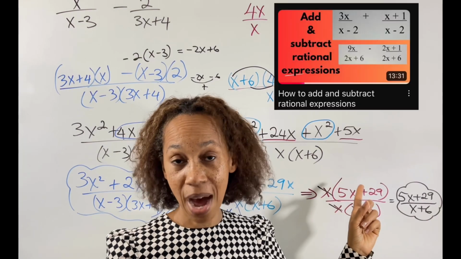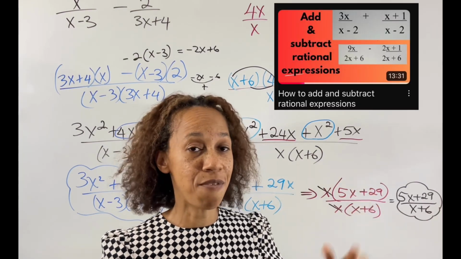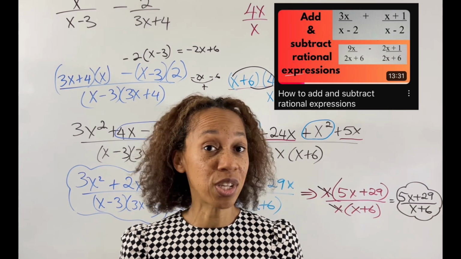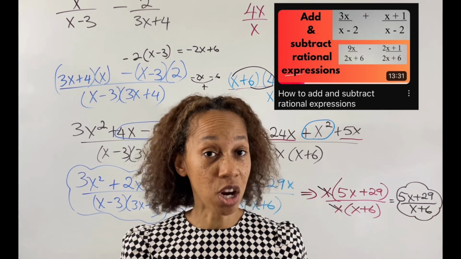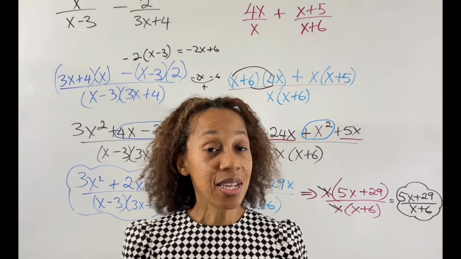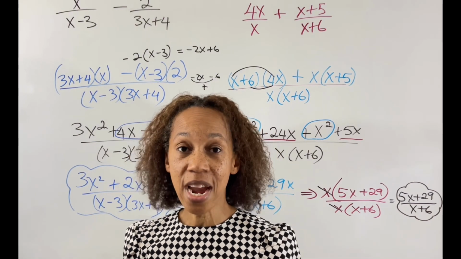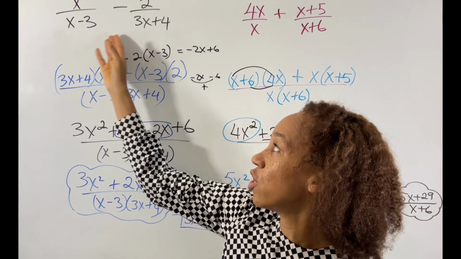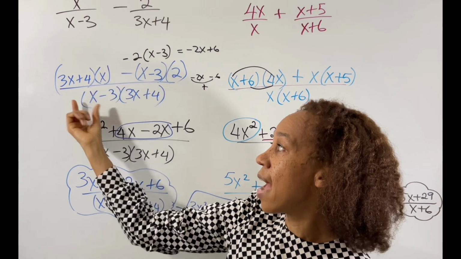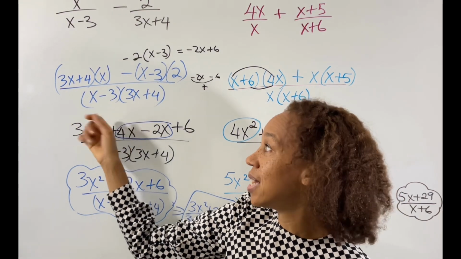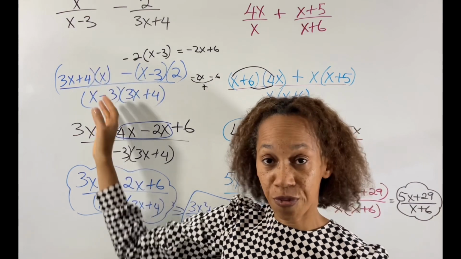If you don't remember how to do so, you can go back and watch my video on how to add and subtract rational expressions, but those expressions do not have uncommon denominators. The denominators will be the same. So please adhere to all the steps that I laid out, where you have to treat your uncommon denominators and write it as a product here together in parentheses, and then you are going to follow the same steps.